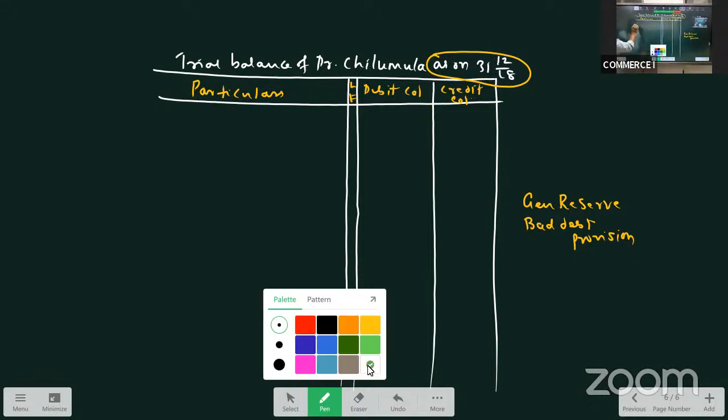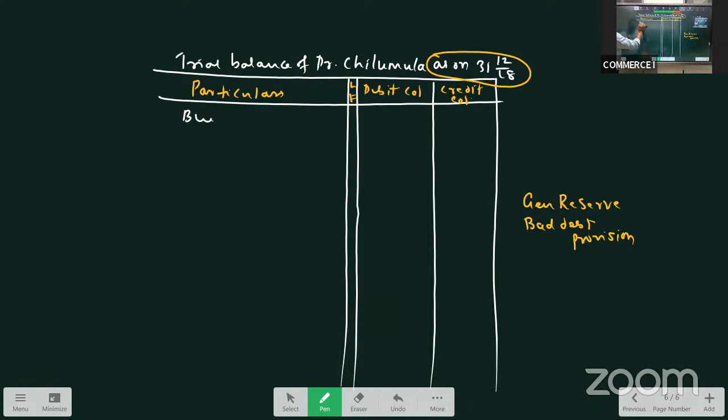One is building. Building is an asset. Assets are to be placed in debit column. The value is 80,000. Then we have debtors. Debtors are an asset too. So I'll take 60,000. General reserve.